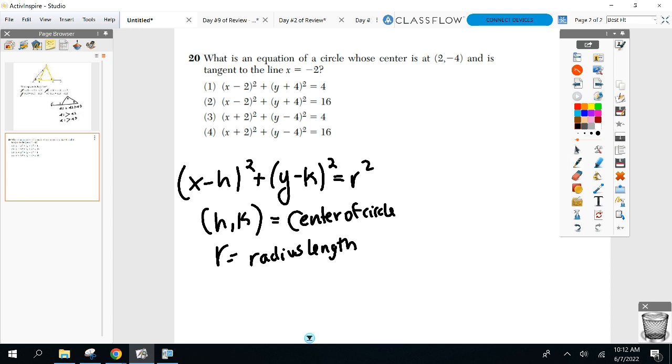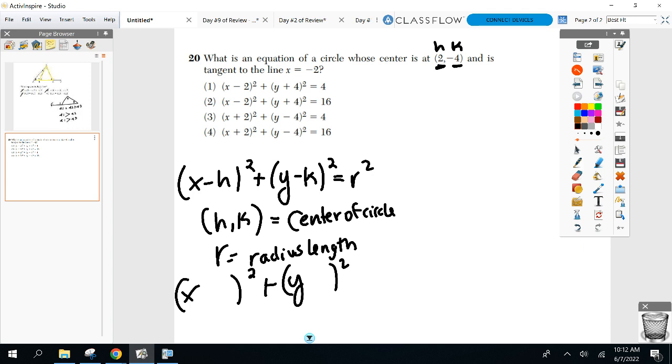All right. Let's do half of it now. Let's do the left side. The center is 2, -4, h, k. 2, -4, h and k. So can you help me out? What should go inside the parentheses at least? x, y, h, and k.